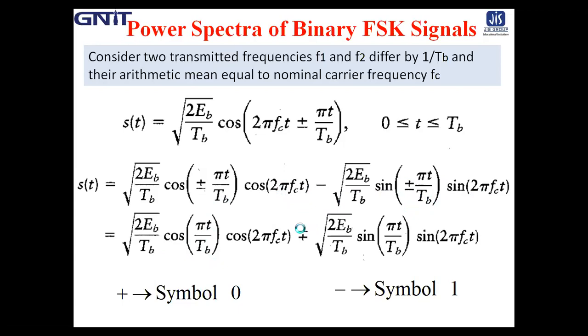That is why a minus plus sign comes here: square root of 2 EB by TB sin pi t by TB into sin 2 pi FC t. So the plus sign corresponds to transmitting symbol 0 and the minus sign corresponds to transmitting symbol 1.